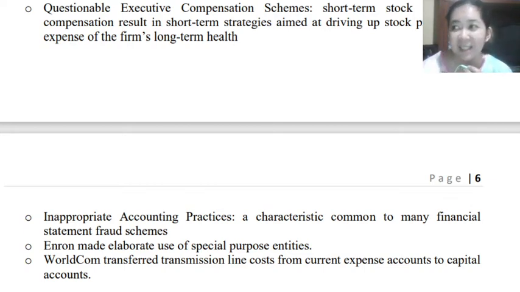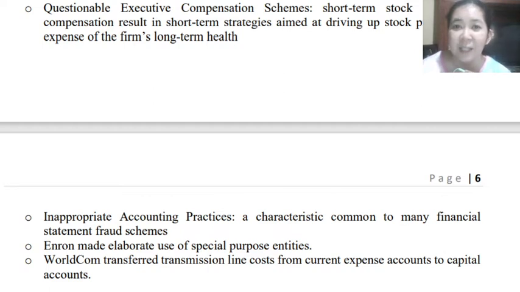Okay, so they used other entities to satisfy their interest and to meet their financial objective. Another is, WorldCom transferred transmission line cost from current expense account to capital account. So again, this is inappropriate accounting practices.